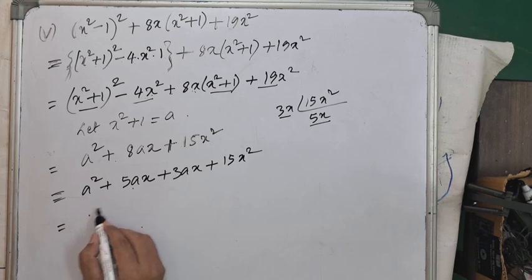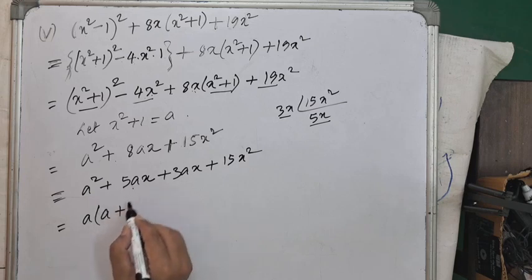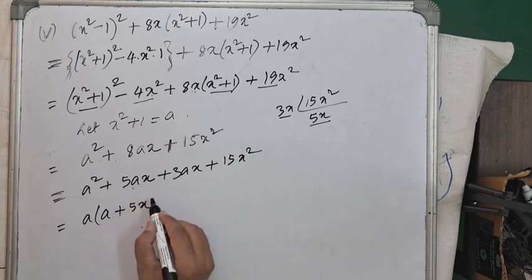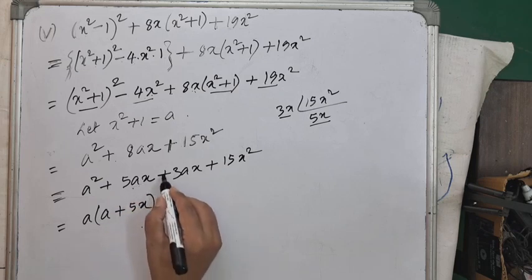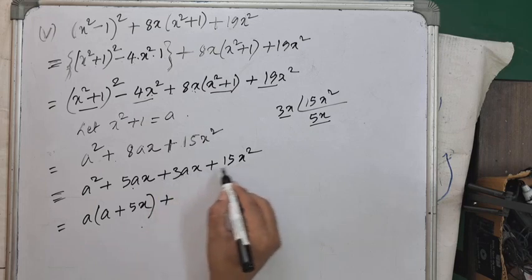Now this a and this a we take as common, a into a will give us a square, plus a is taken common out, so 5x remain within the bracket, which means a into 5x is 5ax, okay? Plus, we copy this plus here. Here we have 3 and x common in both the terms, isn't it?